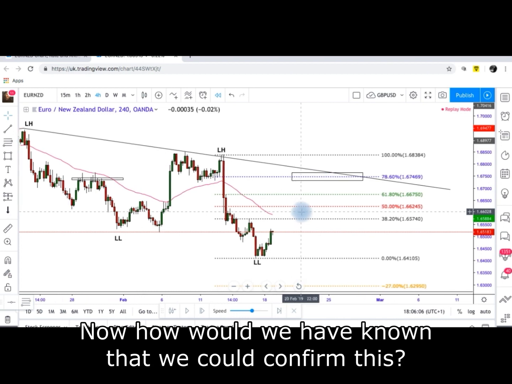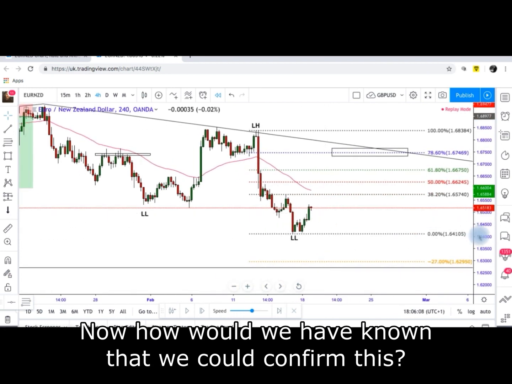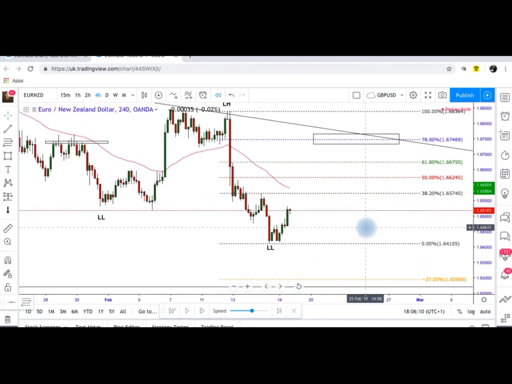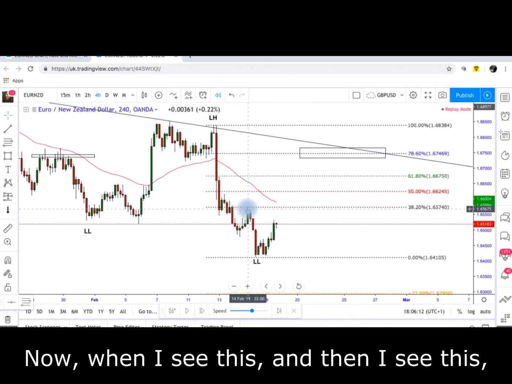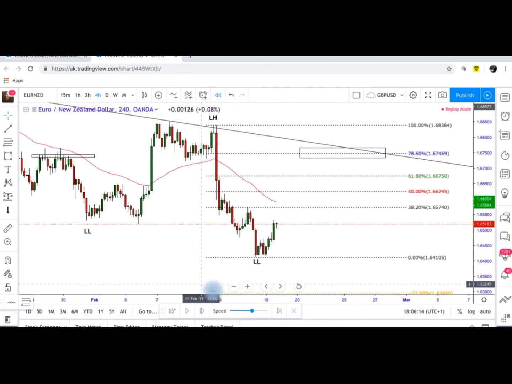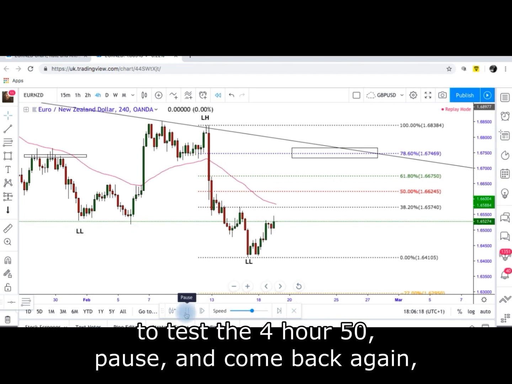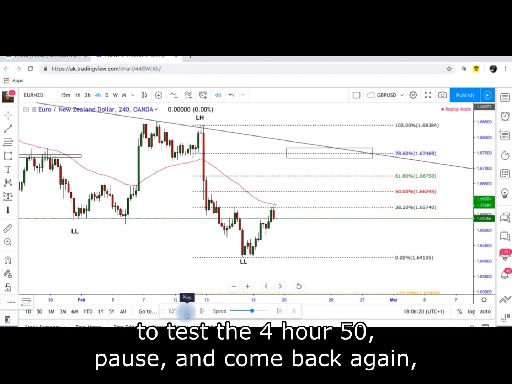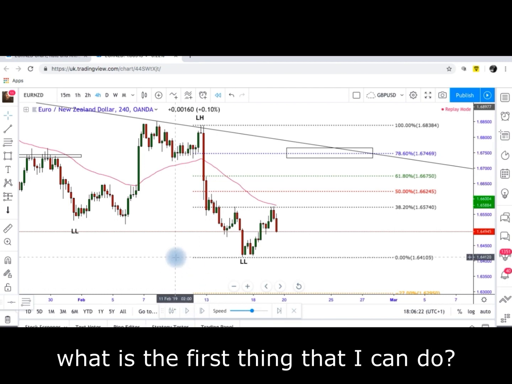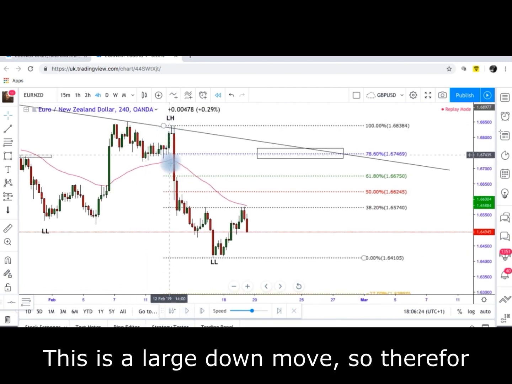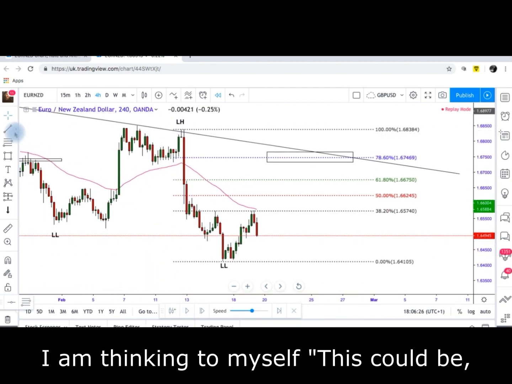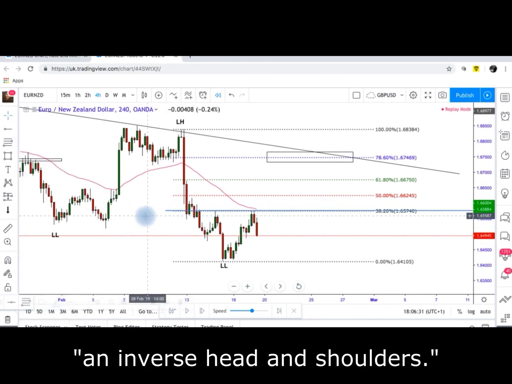Now, how would we have known that we could confirm this? When I see this and then I see this, and then price comes back up to test the 4-hour 50, pauses and comes back again, what is the first thing that I can do? This is a large down move, so I am thinking to myself, this could be an inverse head and shoulders.